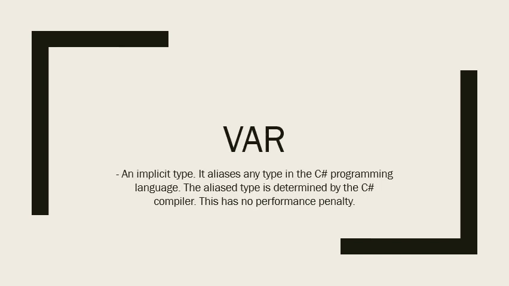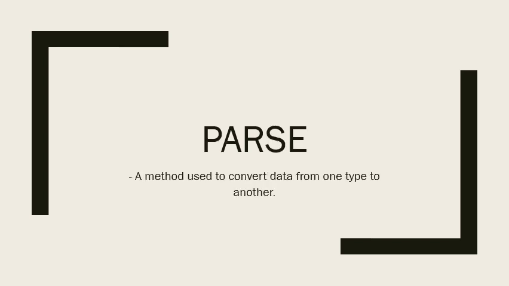Var, an implicit type. It aliases any type in the C-sharp programming language. The alias type is determined by the C-sharp compiler. This has no performance penalty. Parse, a method used to convert data from one type to another.